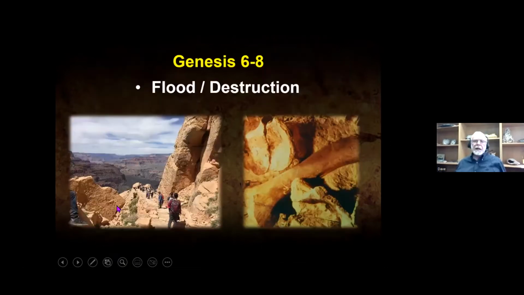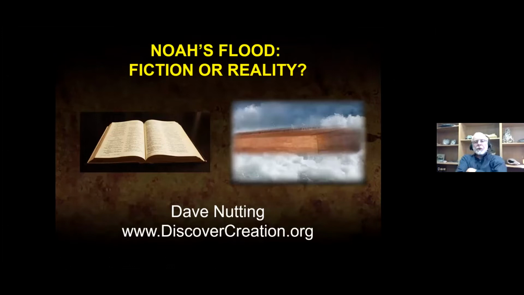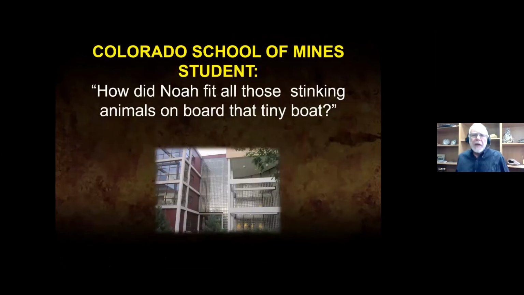So that's the topic today: flood destruction, Genesis 6 through 8. We might also call this program specific of this series, Noah's flood, fiction or reality? I believe it's reality, and I'm going to give you very good reasons why to believe that.